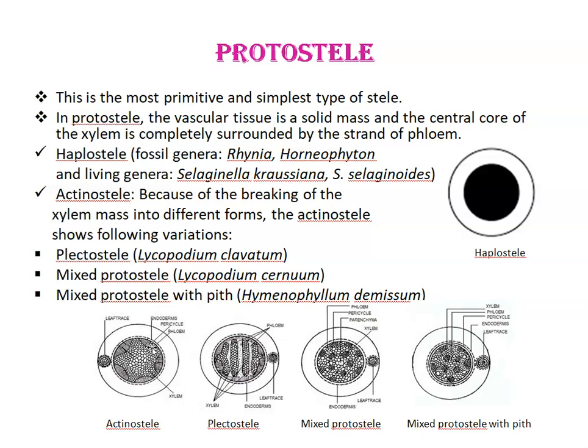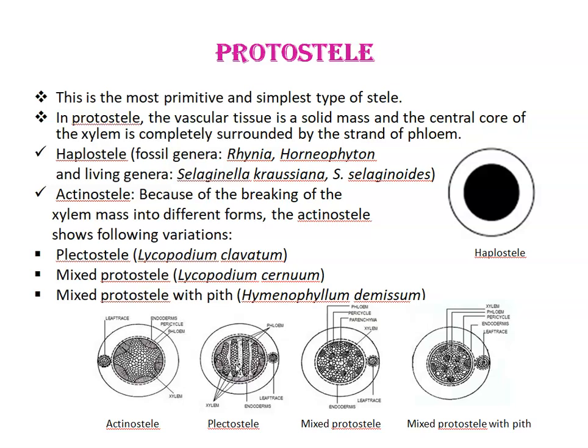Next is plectostele. Because of the breaking of the xylem mass into different forms, actinostele shows some variations, for example, plectostele and mixed protostele with pith. So plectostele, just look at this diagram.